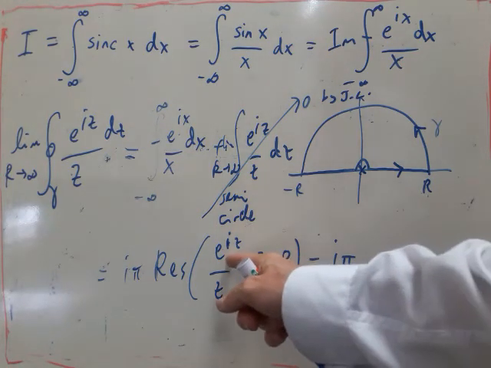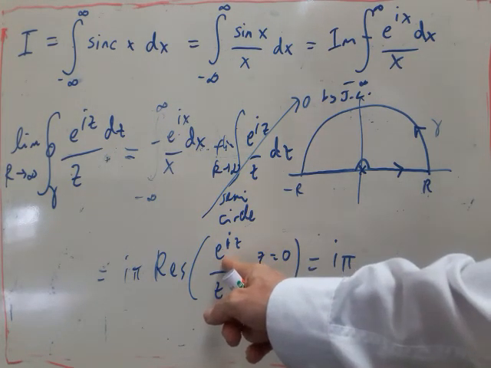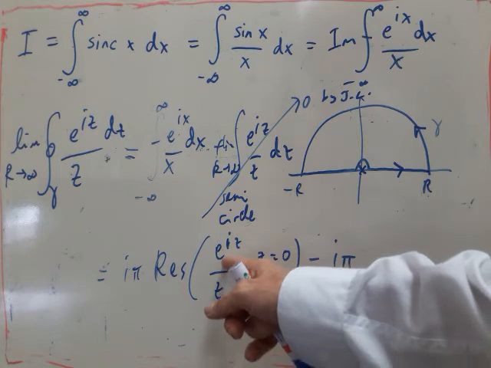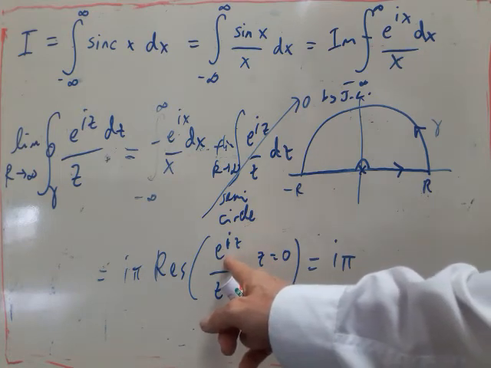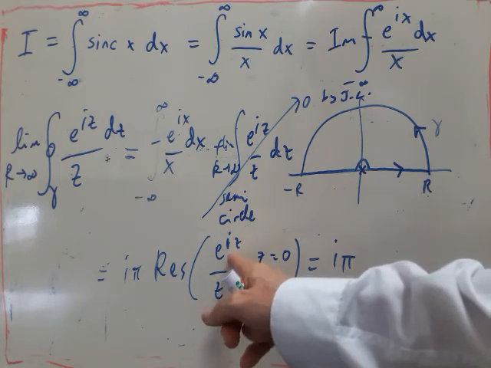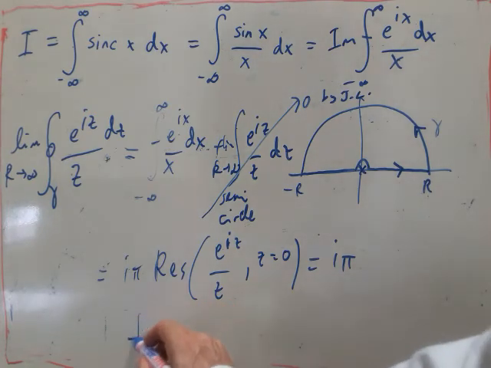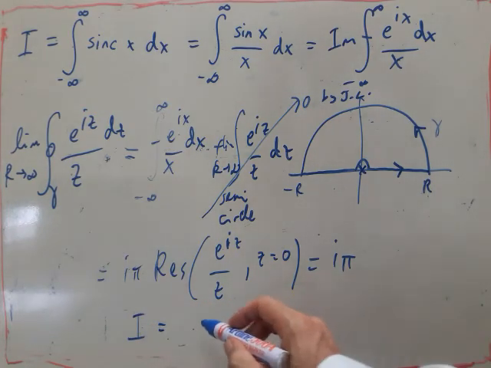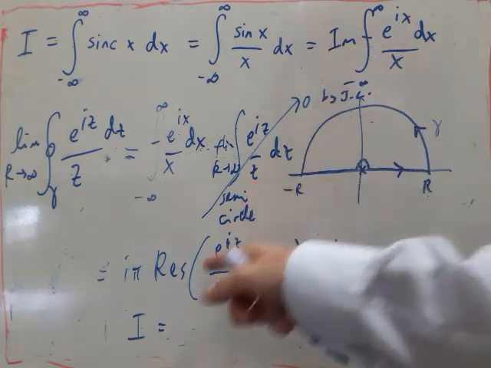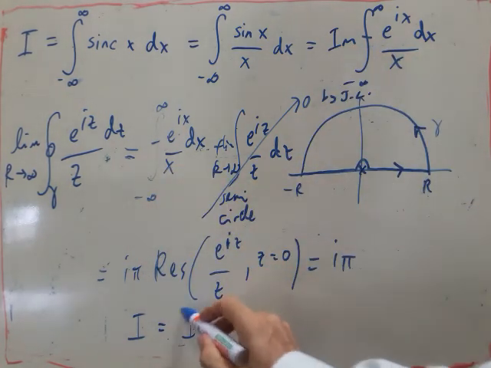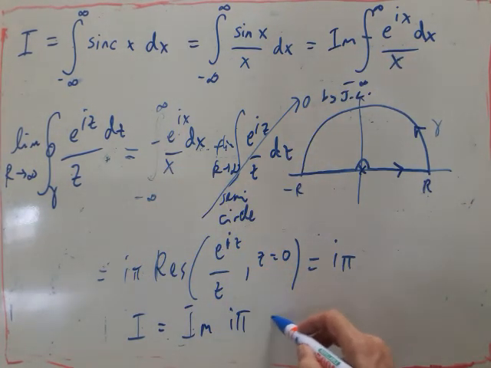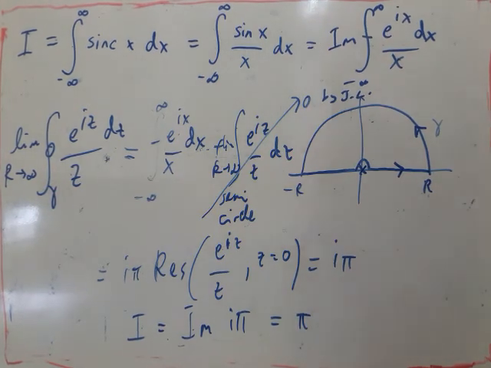And that is, well, if you do p over q dashed, then we just get p over 1. When z equals 0, we just get 1. So the residue is just equal to 1, which means that our integral is the imaginary part of this integral. The imaginary part of i pi is just pi.